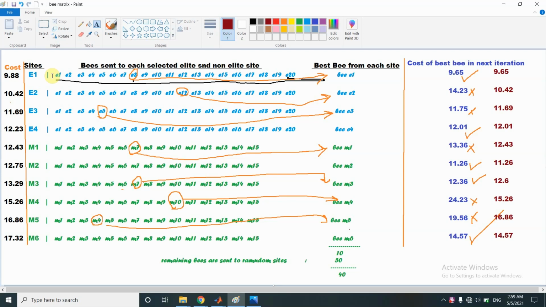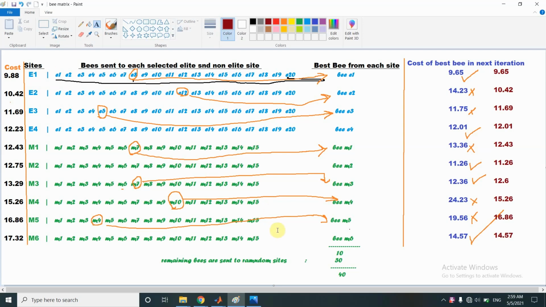From those, we will take the best bee, and compare the cost of the best bee for each site to the cost of the previous iteration. If it is better, then we will update. If it is not, then we will not update.